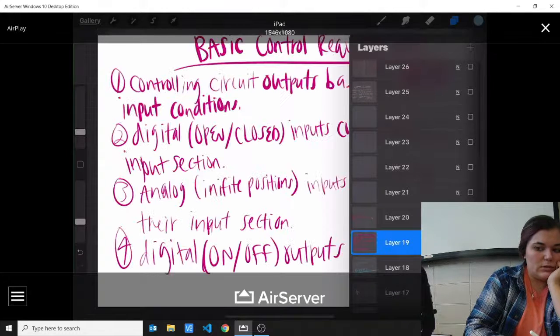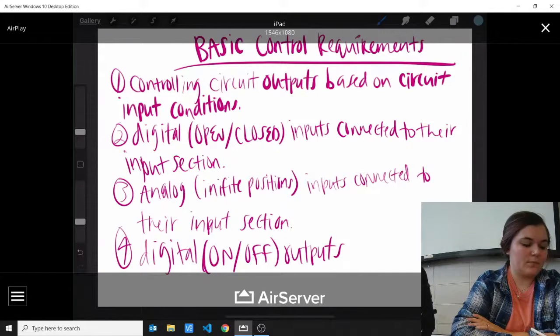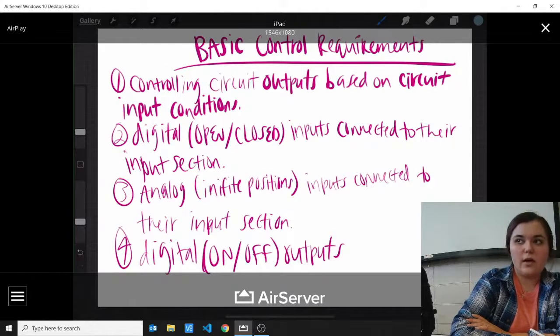All right. So basic control requirements. This would just be like the control requirements of any system that you see out in the field.